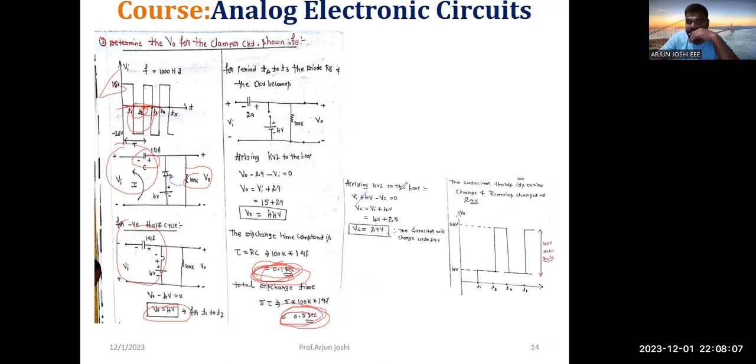Apply the KVL to the loop. Which loop? You need to apply the KVL for this loop. Minus to plus VI, minus to plus 4V, and plus to minus VC is equal to 0.